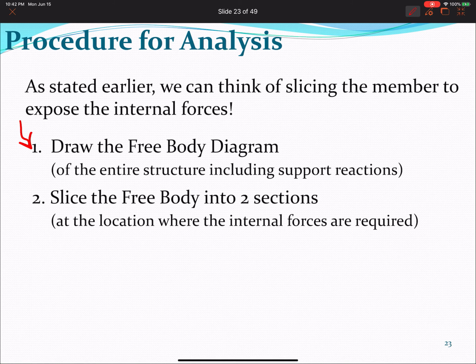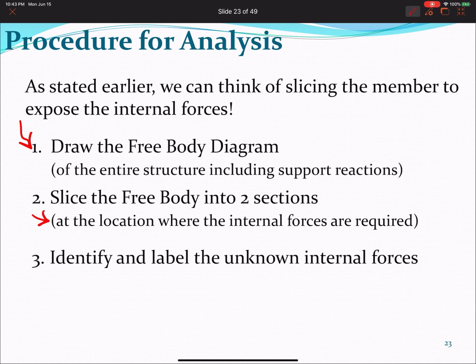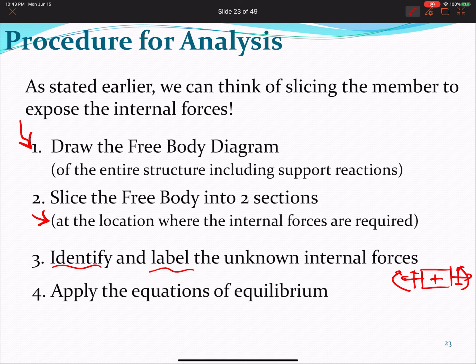Second, we slice the free body into two sections, normally at the location in which the internal forces are required. We identify and label the unknown internal forces following the convention of signs we presented, and we apply the equations of equilibrium.